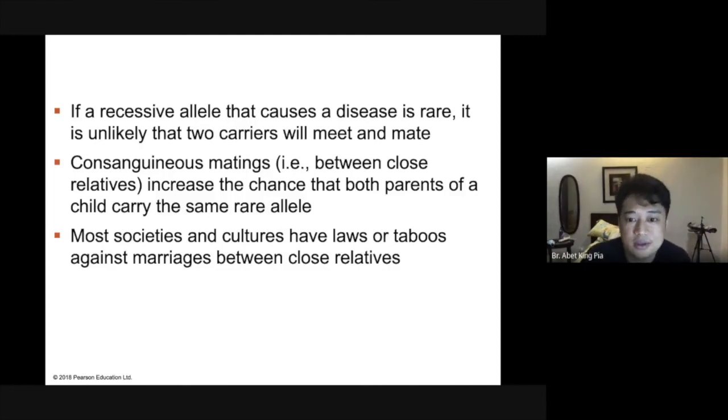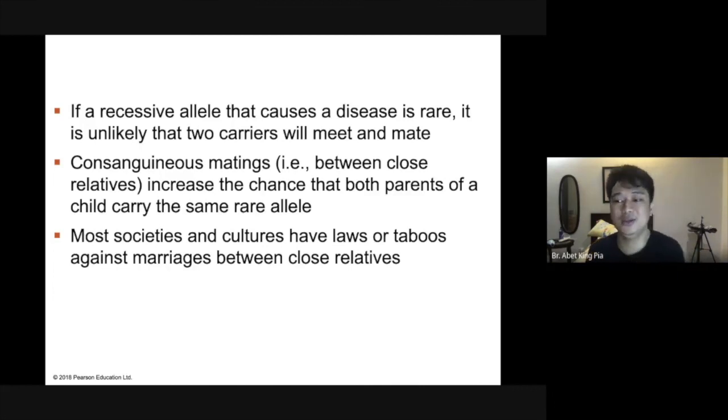Alright, most societies and cultures have laws or taboos against marriages between close relatives. Yan. Kaya, yun. If you will ask me kung ano yung stand ko dito, I will go to this explanation because hindi siya viable. Hindi siya maganda for the kids, for the children. And even, kung halimbawa maging normal naman yung mga anak mo, the big possibility na carrier siya ng mga sakit is there.